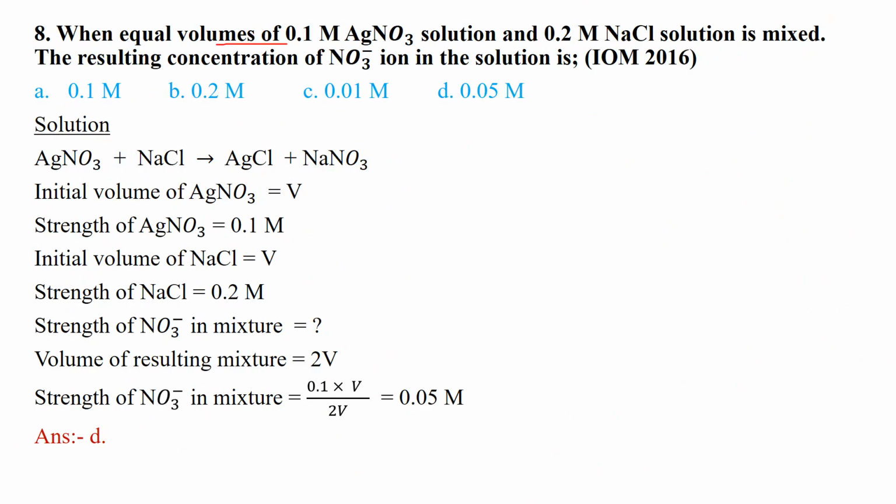When equal volume of 0.1 molar silver nitrate solution and 0.2 molar sodium chloride solution is mixed, the resulting concentration of nitrate ion in the solution is, right? Here is the general reaction of the above problem.